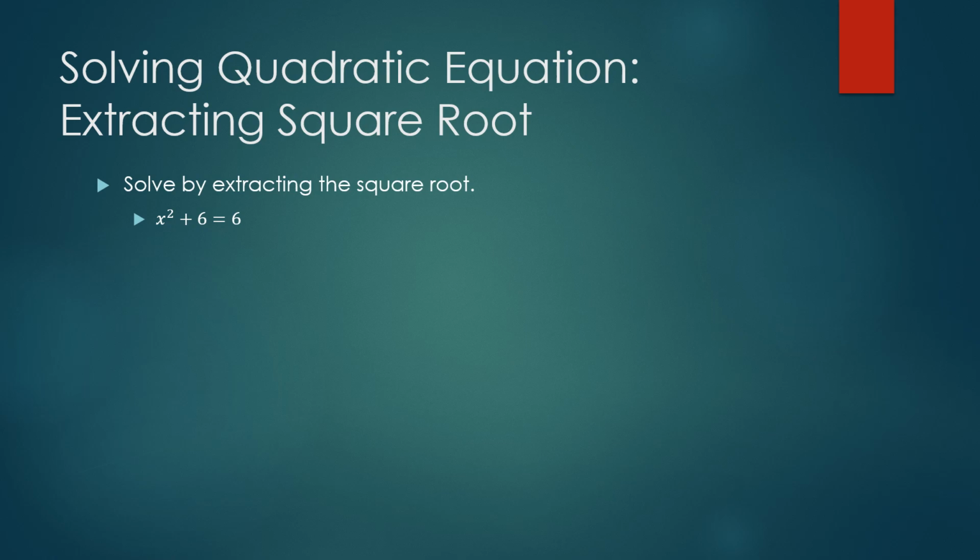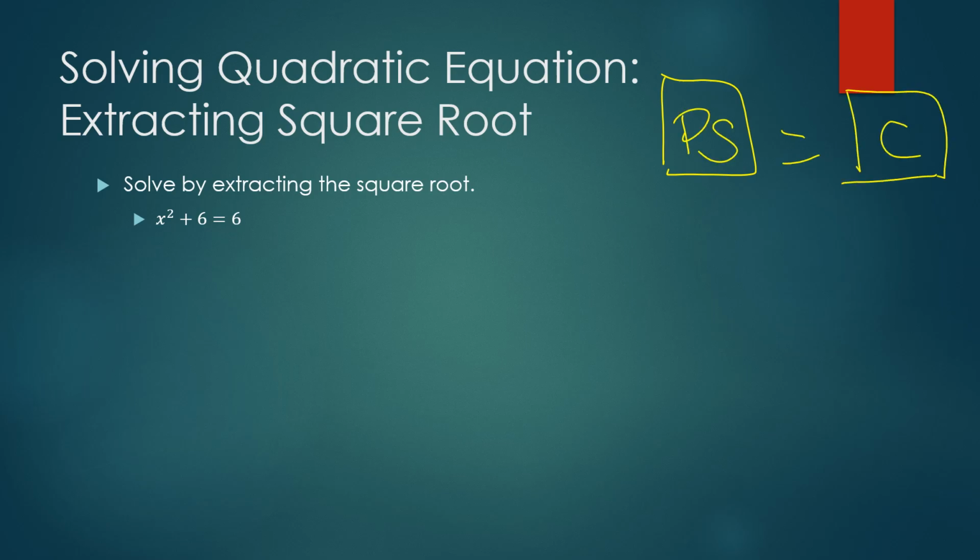We are now going to solve this quadratic equation by extracting the root. We must follow this format before doing anything else. Make sure that on the left-hand side we have the perfect square equals a constant. So we need to get rid of this by adding negative 6 to both sides.